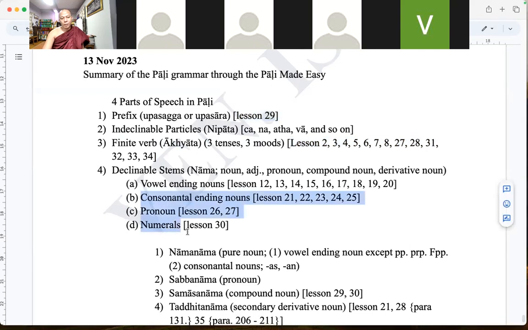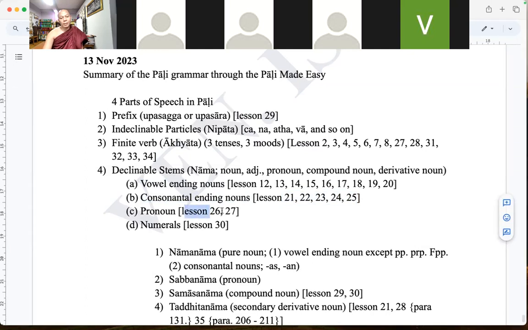But for the declinable terms like the nama, noun, adjective, pronoun, compound noun, and derivative noun, based on their characteristic of declensions, the vowel ending group is from lessons 12, 13, 14, 15, 16, 17, 18, 19, and 20. But consonant ending nouns are in lessons 21, 22, 23, 24, and 25.